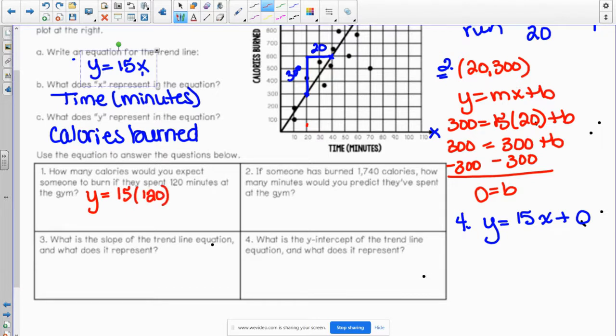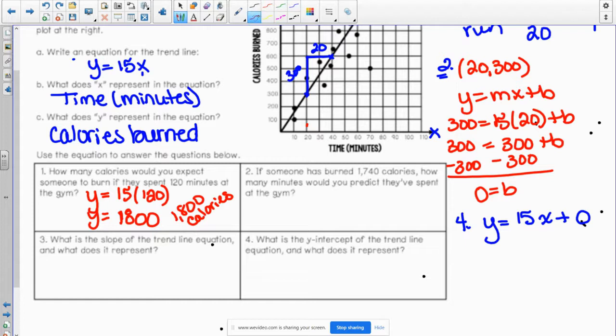So 15 times 12 is 180, and add a 0, or if you need a calculator, that's totally fine, 1,800. So if I spent 2 hours or 120 minutes at the gym, I would burn 1,800 calories. Remember, it's important to label this because they are questions or storylines here.